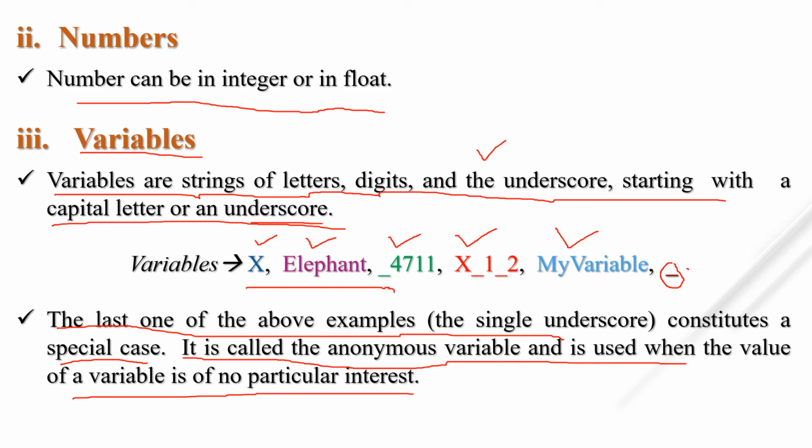Suppose I have used a variable, but I am not using it for printing any number or character, then and only then I can use only the underscore. This is an anonymous variable, so we are not going to use that particular variable, and then we can use this underscore.